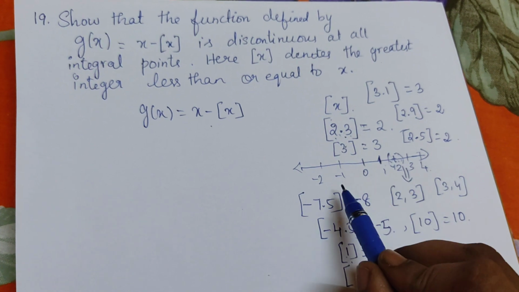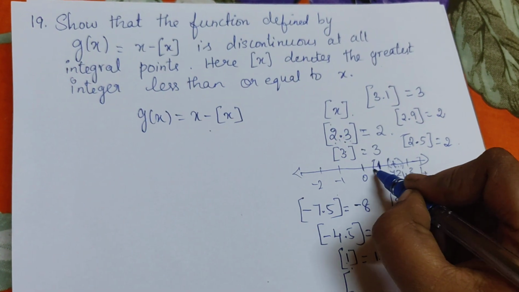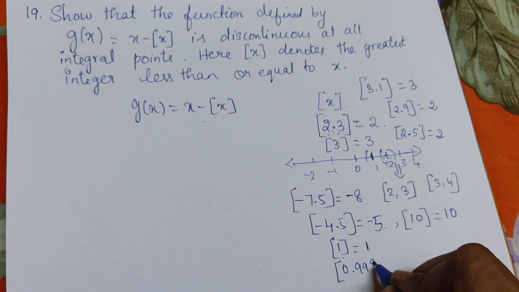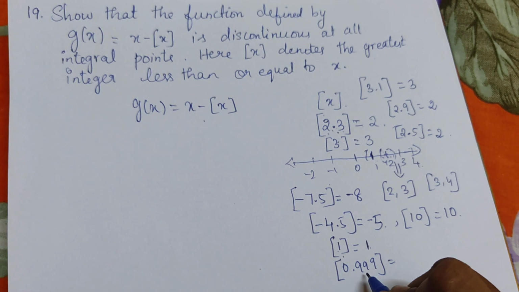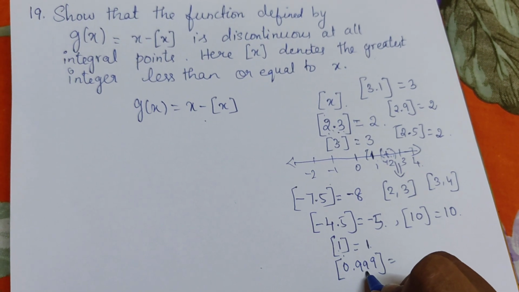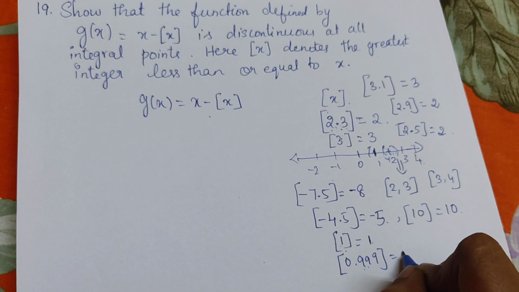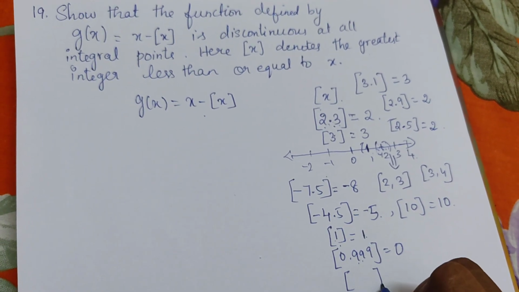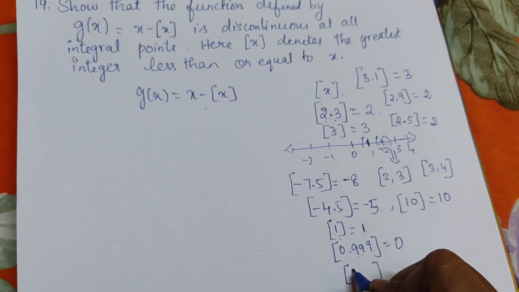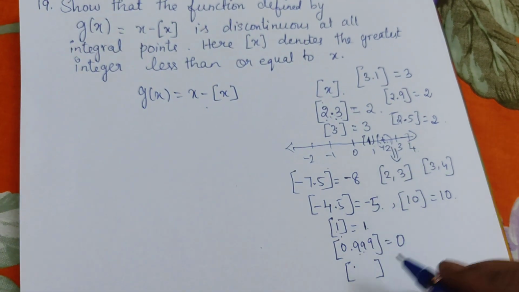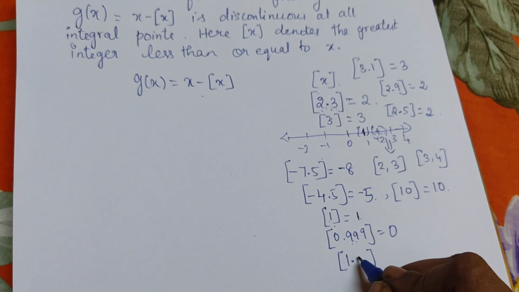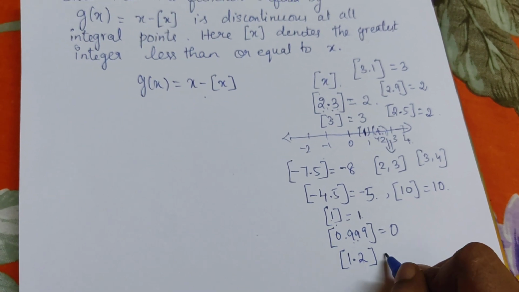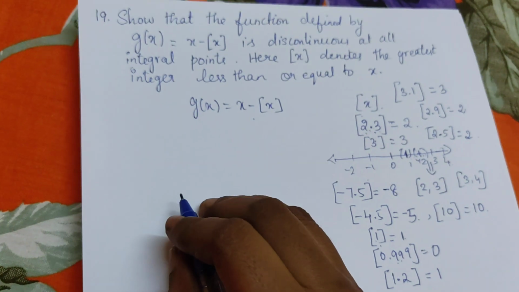In the left hand neighborhood of 1, I will have numbers like 0.9999 or 0.999, and the greatest integer less than these numbers will be 0. Now in the right hand neighborhood of 1, I will have numbers like 1.2, and the greatest integer lesser than 1.2 will be 1. So we can generalize it.